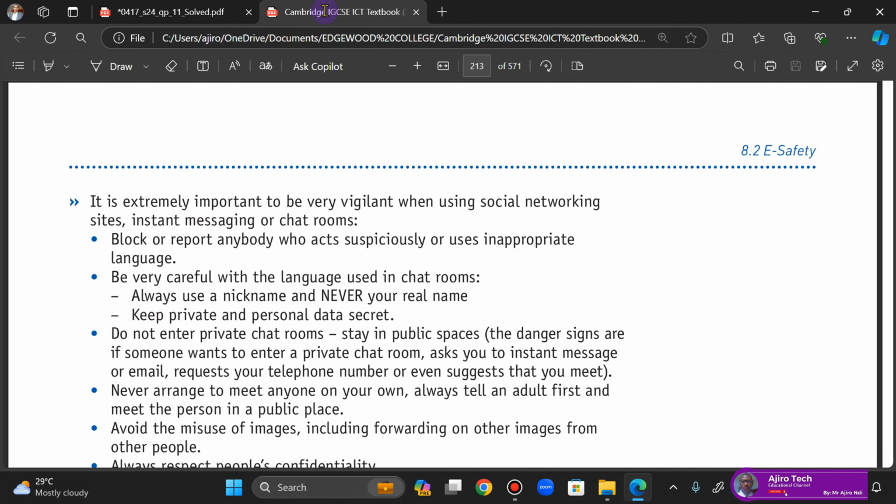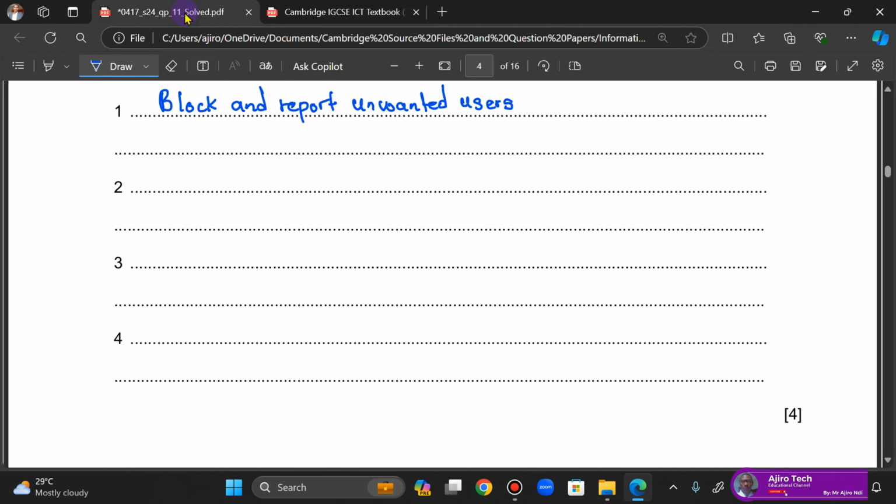Okay. Never arrange to meet anyone on your own. Always tell an adult first and meet the person in a public place. Okay. So it is very important that you do not meet an online contact face to face. It's not a safe space there. And if you intend to meet them, look at it here.